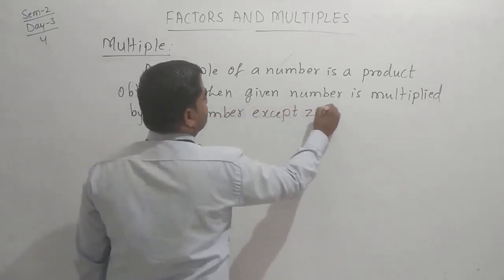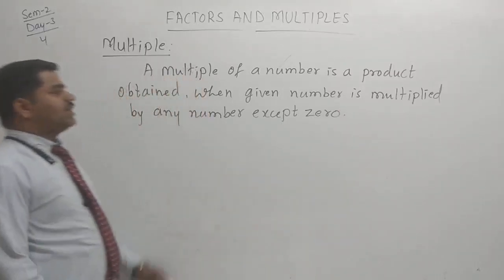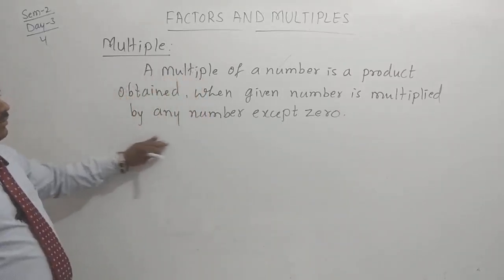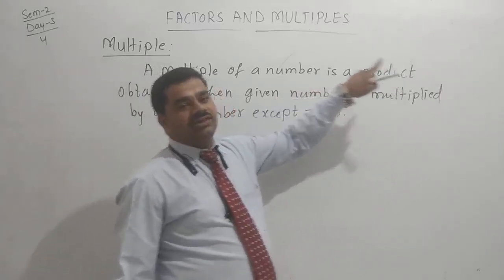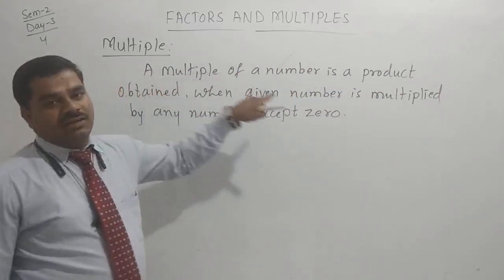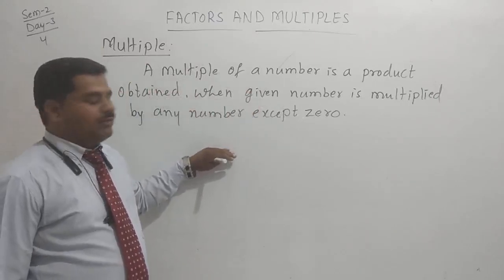Yes, here you should multiply a given number with any number except 0. What product will you get? The product is called the multiple of a given number.